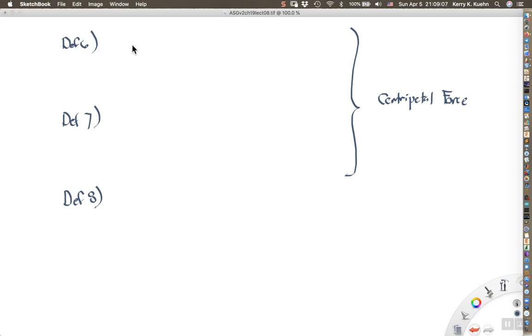Okay, so let me just mention what these 3 definitions are. He talks about the absolute quantity of centripetal force. He talks about the accelerative quantity of centripetal force.